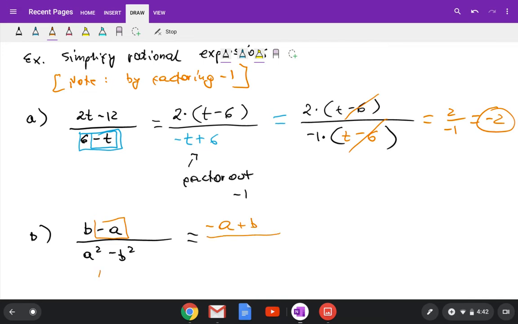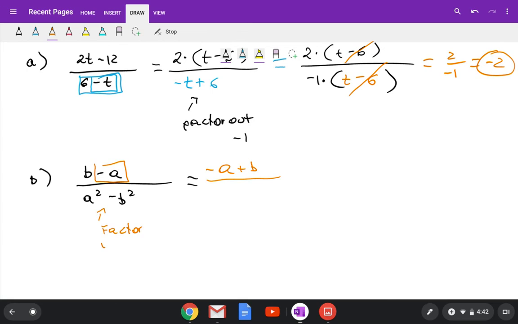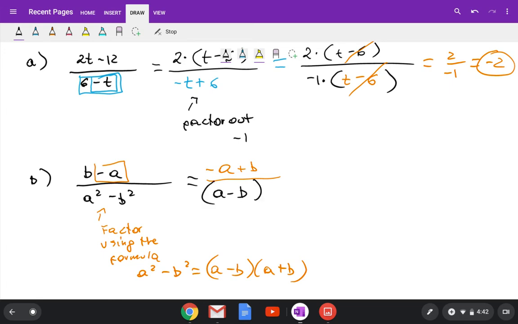Now, a squared minus b squared, factor using the formula. So a very important formula, a squared minus b squared. This is the difference of squares. This is the same as a minus b times a plus b.